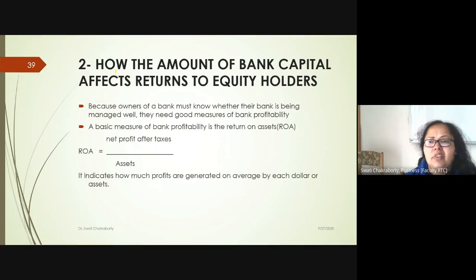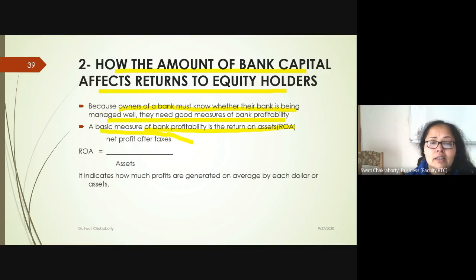Second is how the amount of bank capital affects returns to equity holders, right? The owners of a bank should know whether their bank is being managed well. They need good measures of bank profitability, right? A basic measure of bank profitability is ROA, that is, return on assets.